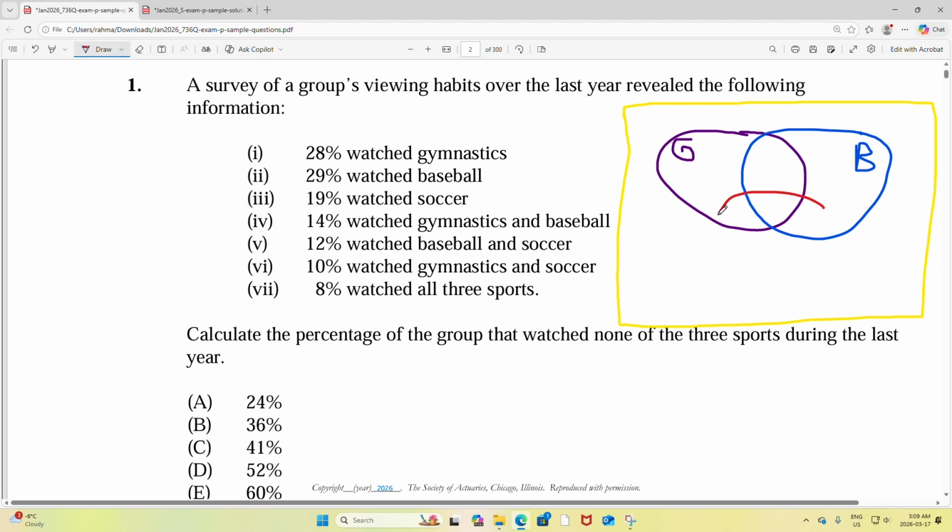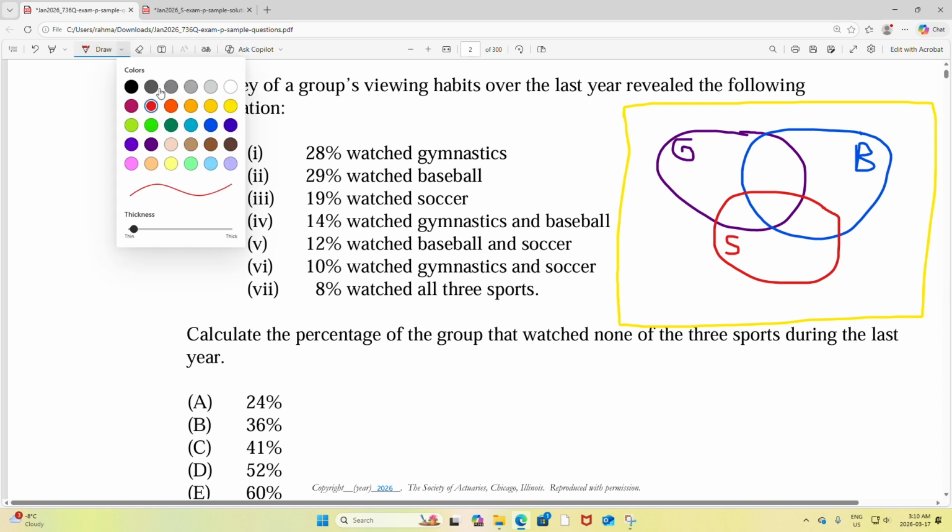And red for soccer. Okay, so let's start filling in the different sections here.